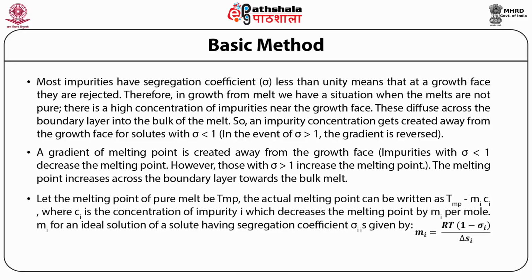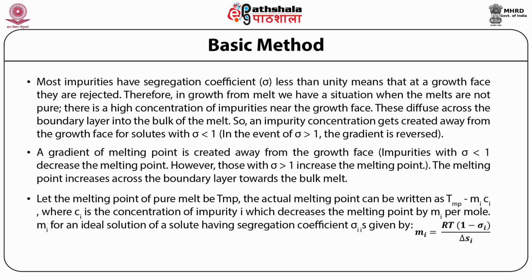Let the melting point of pure melt be capital T with a subscript MP. The actual melting point can be written as capital T with a subscript MP minus m_i C_i, where C_i is the concentration of impurity small i, which decreases the melting point by small m with a subscript small i per mole.